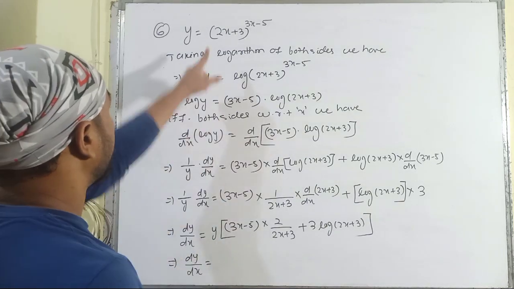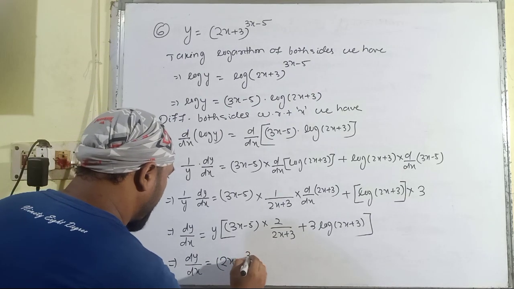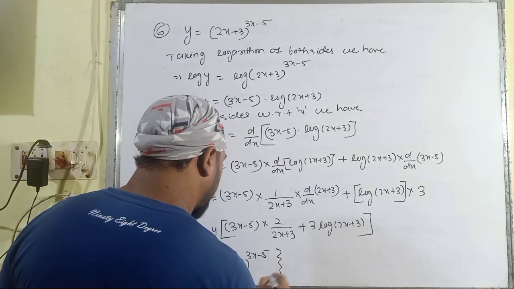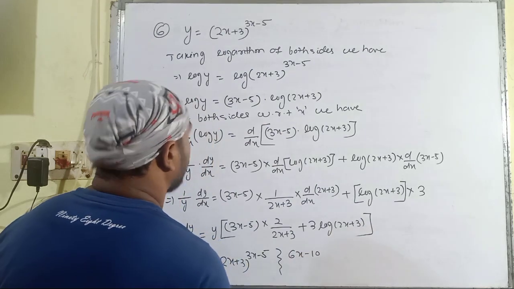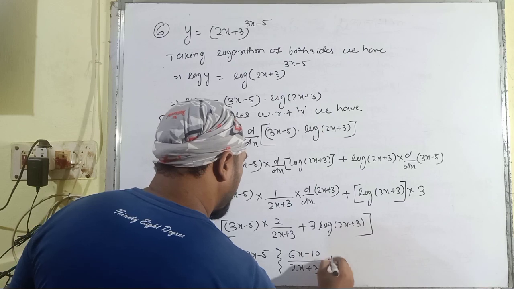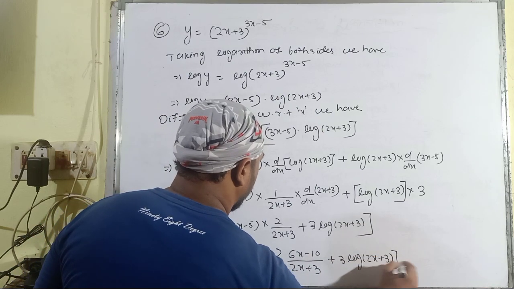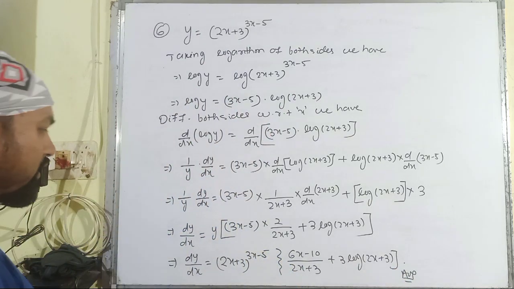Just we have to put the value of y here, and that is 2x plus 3 to the power 3x minus 5, and it is multiplied with 6x minus 10 divided by 2x plus 3 plus 3 log 2x plus 3. And this is the answer for the given problem number 6.